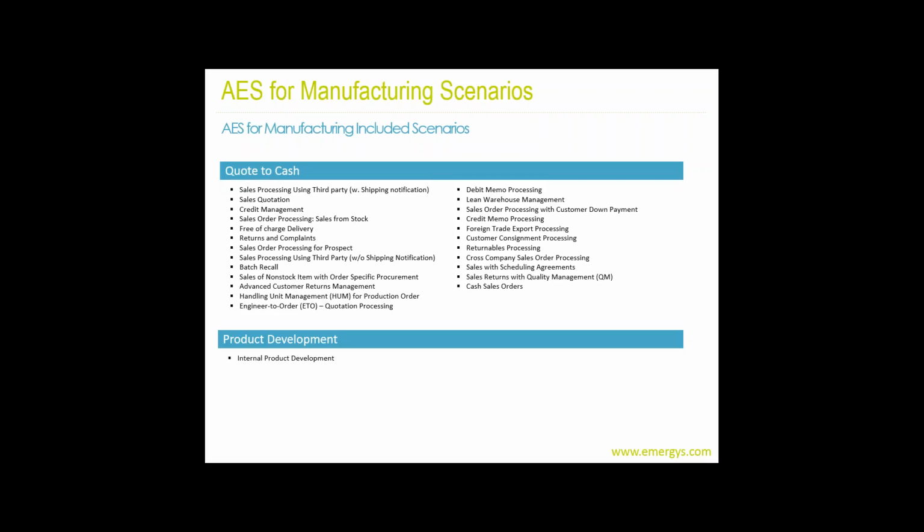We could have continued on and shown the entire flow. Typically time doesn't permit, so I cut it short after giving you a flavor of what's available and what can be done. I talked about this a little while ago about how we start with over 500 best practices, and Emergis basically groups those down to what we typically see in a manufacturing footprint.